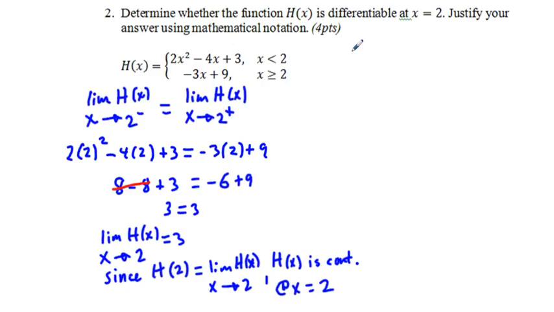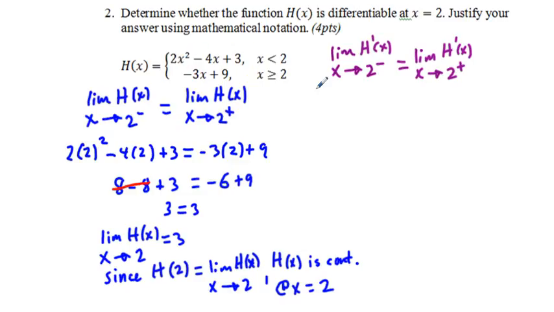Now the next step for differentiability is to see if the limit as x approaches 2 from the left side of h, not h of x, but h prime of x, equals the limit as x approaches 2 from the right side of h prime of x. What we're going to do is take the derivative of the left side.